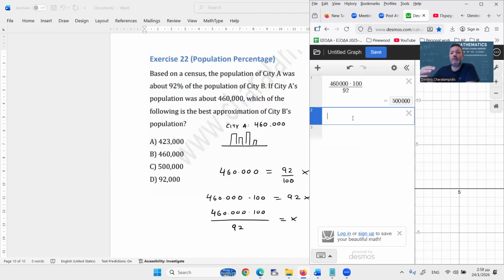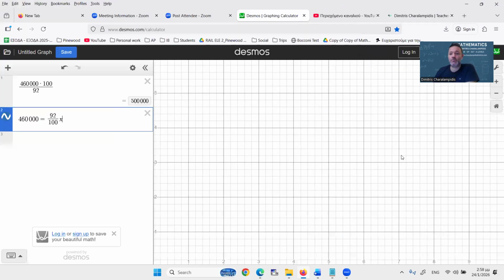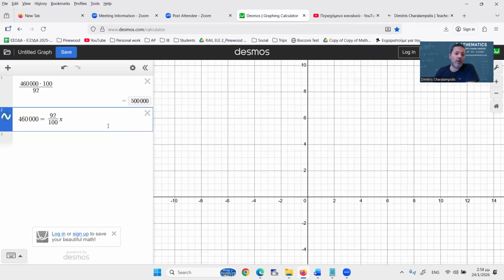Or even if I go directly to solve the equation, 92 over 100 times x. Here, however, since we're talking about Desmos, remember that Desmos is super cool when working with systems, but not so cool, if you ask me at least, when working on equations.